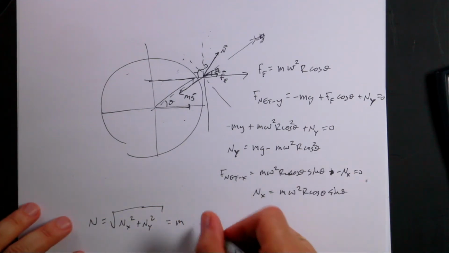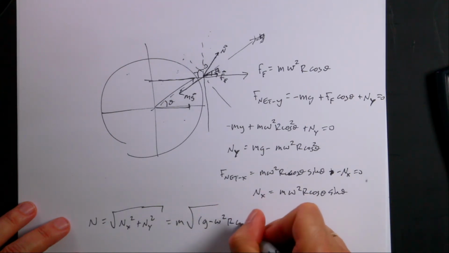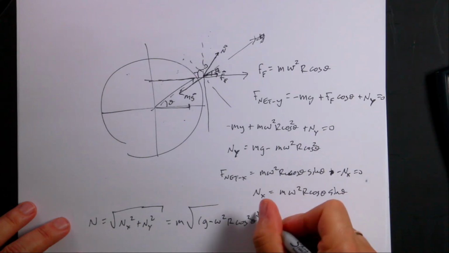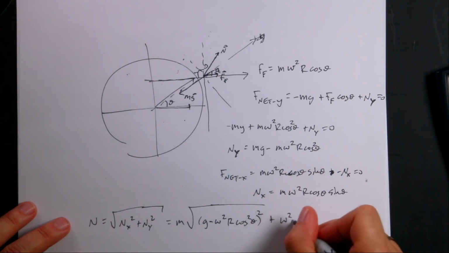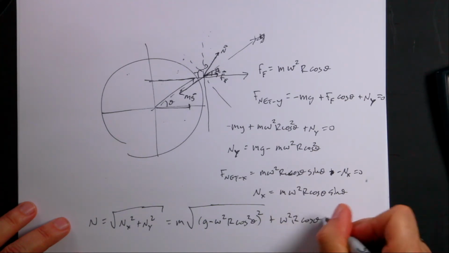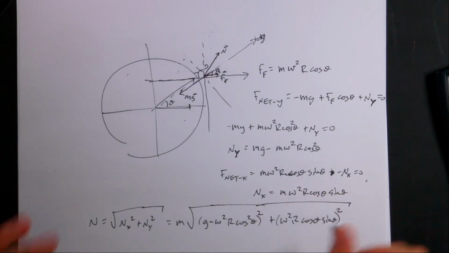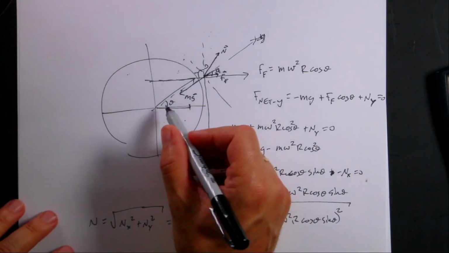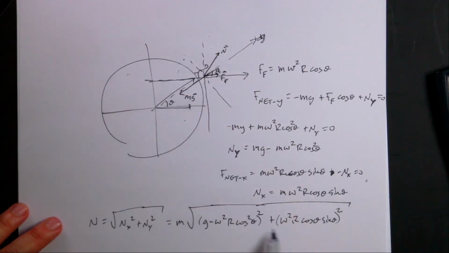Then I'm going to have the square root of g minus omega squared r cosine squared theta, squared, plus omega squared r cosine theta sine theta, quantity squared. Okay, so that's complicated enough that I'm going to make a plot of the apparent weight as a function of latitude from 0 at the equator to 90 at the North Pole.